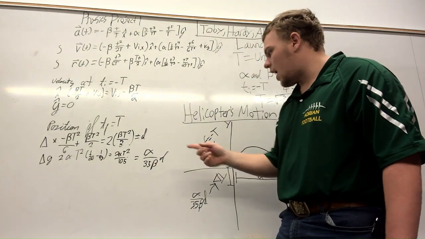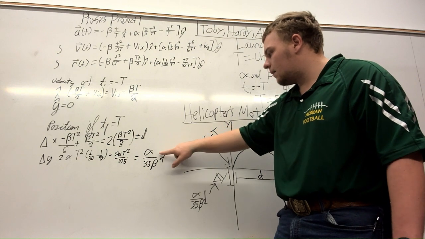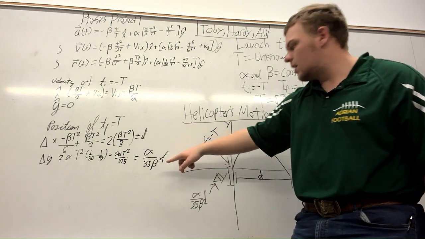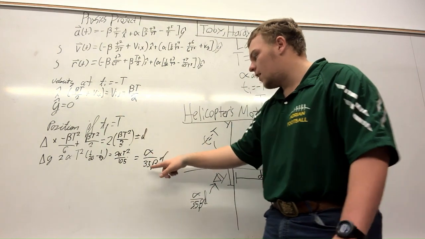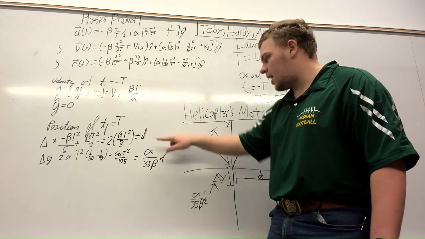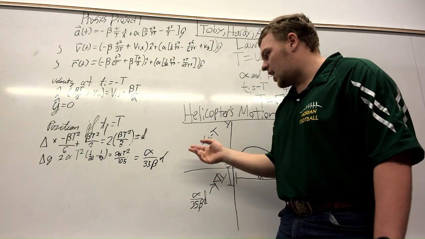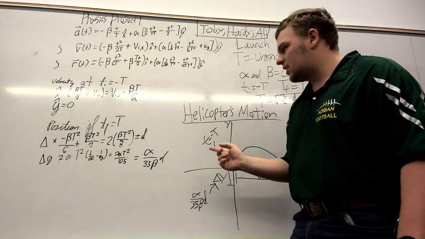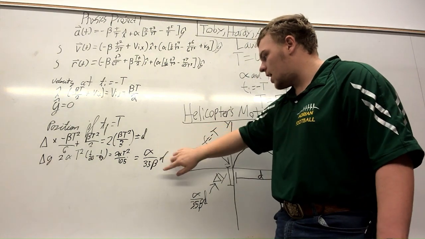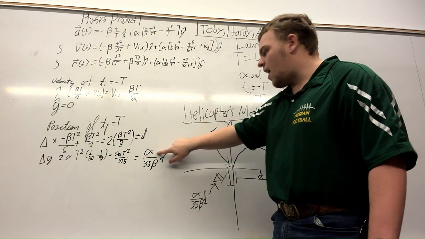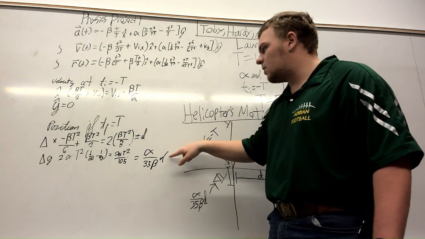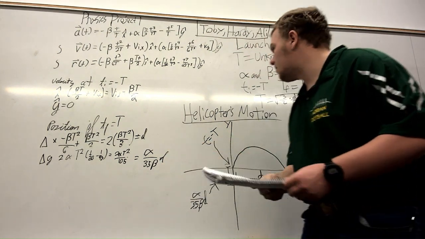So either alpha is going to be really big and beta is really small, and we're going to get a really big d, or a change in y. Or if beta is really big and alpha is small, we're going to get a small change in d. But also there are circumstances where if alpha is 35 times bigger than beta, then we get a change in y that is equal to d.